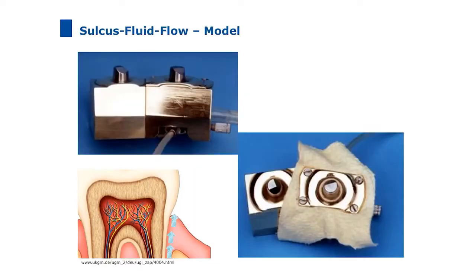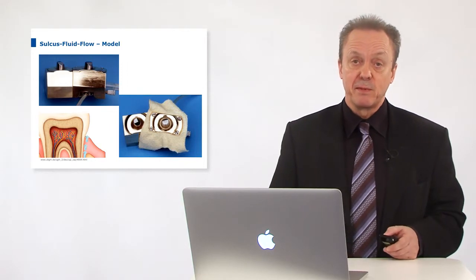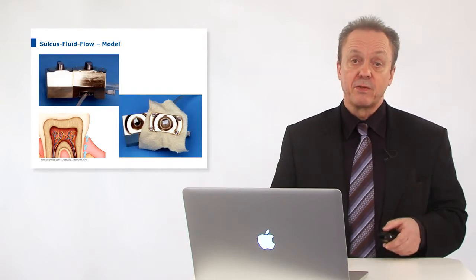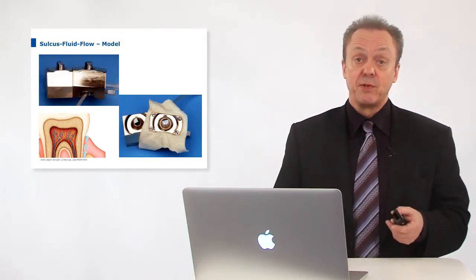In order to prove the ideal behavior, we put it to a test with the help of a Sulcus-Fluid-Flow Model developed by Professor Wurstmann at the Justus Liebig University in Gießen. The purpose of the experiment was to establish the behavior of impression materials when confronted with moisture during the application phase, and to determine the impact on the achievable margin integrity of the restoration obtained from the impression.